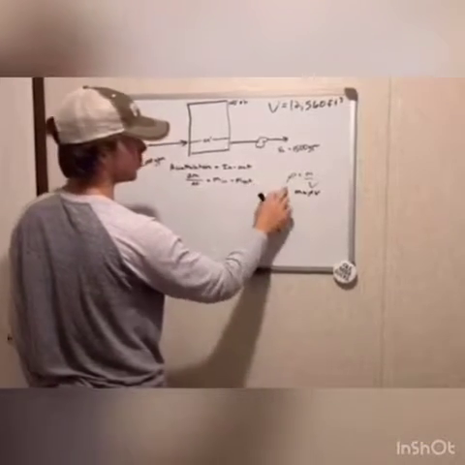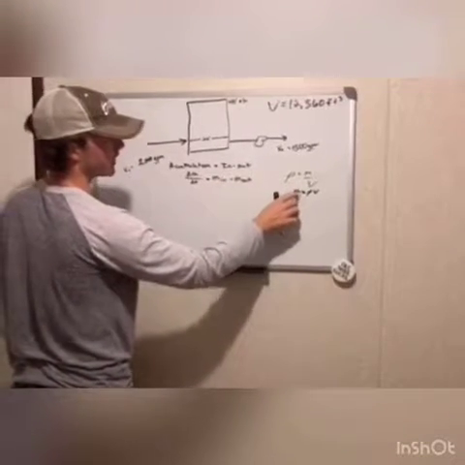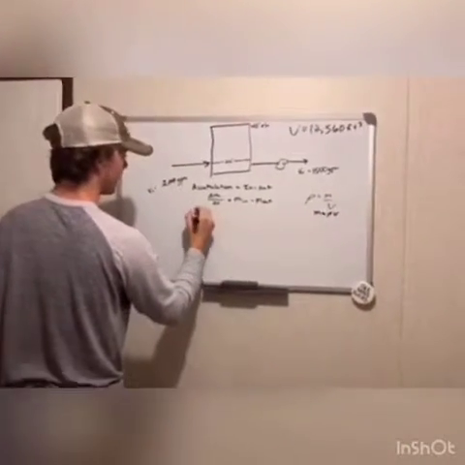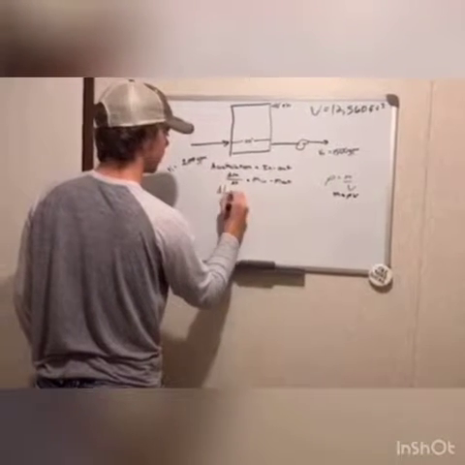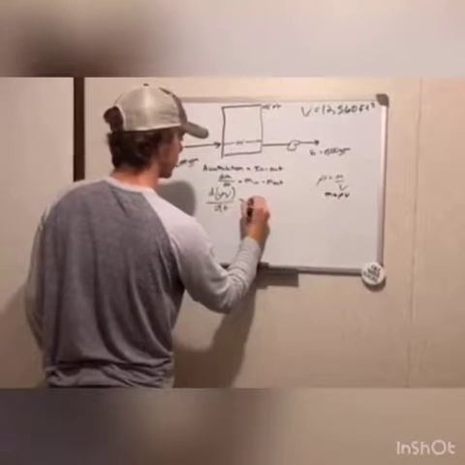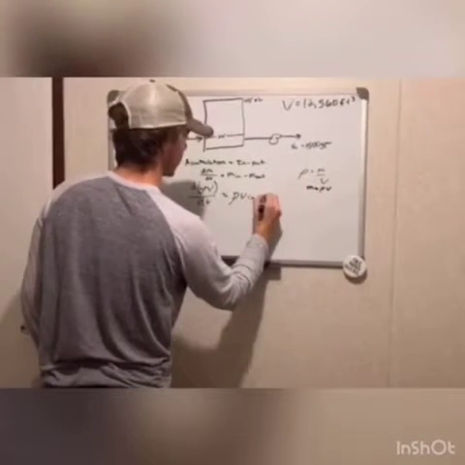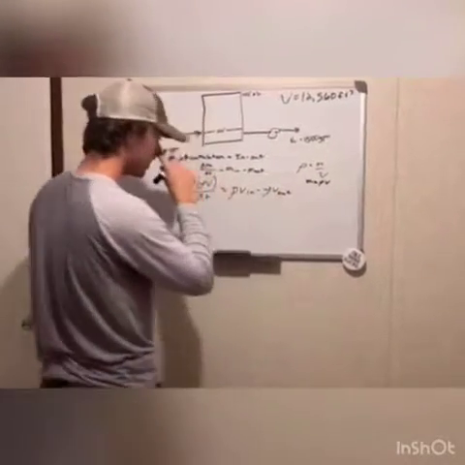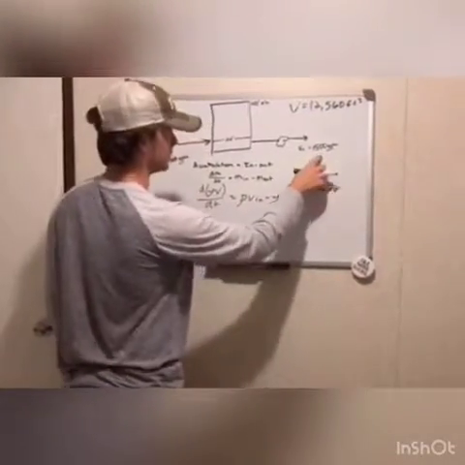You can substitute rho V for M, because M equals rho times V. So then we would have d(rho V)/dt equals rho V in minus rho V out, where V in is equal to V1 and V out is equal to V2.